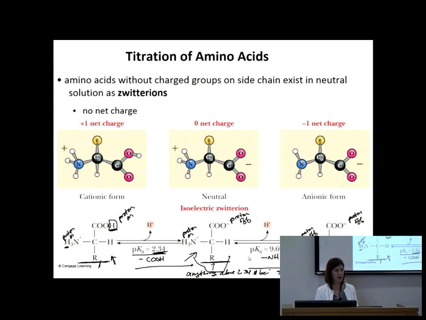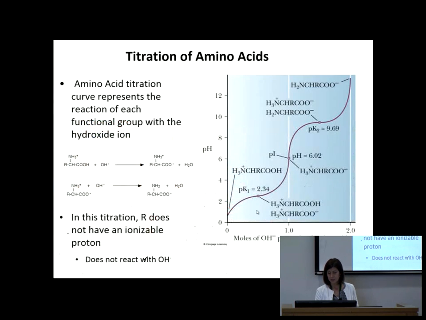Well, the pH would be going up if we added sodium hydroxide, correct? So we're going to have a similar thing here. The pH is going up. We're adding sodium hydroxide. We're starting with this, and we're going to increase the pH. You can increase the pH by adding hydroxide.